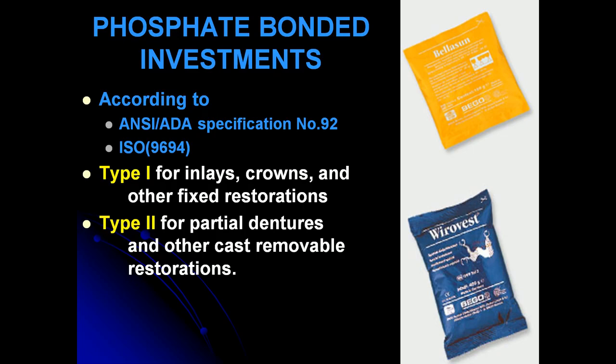When carbon is used, it is used when you are using casting gold alloy, but without carbon, the phosphate investment material is used for carbon sensitive alloys, that is the base metal alloys and the silver palladium alloys. Very important points.